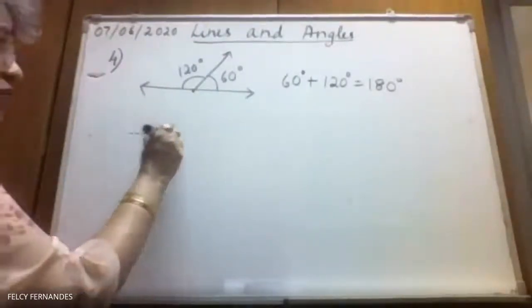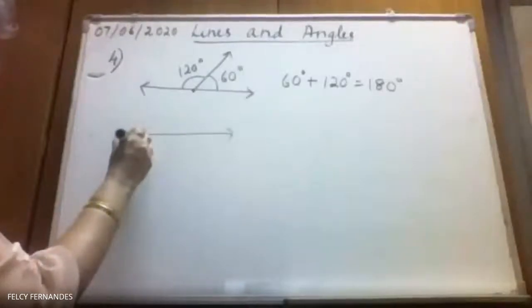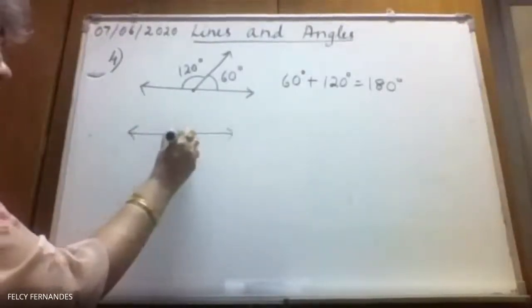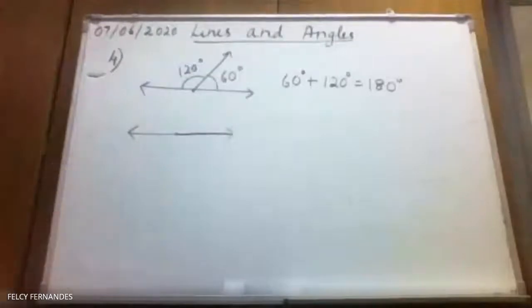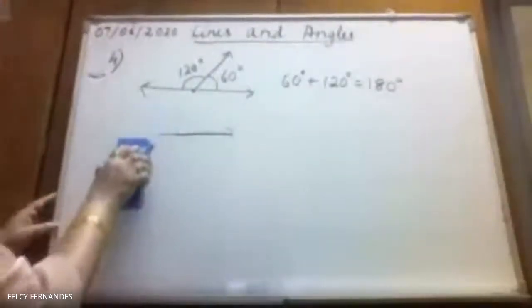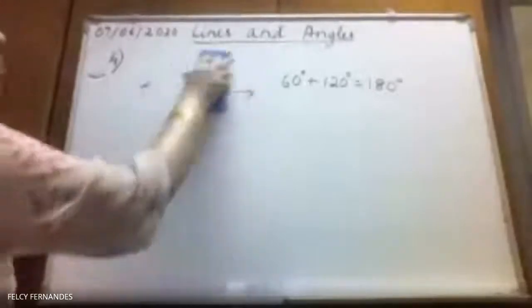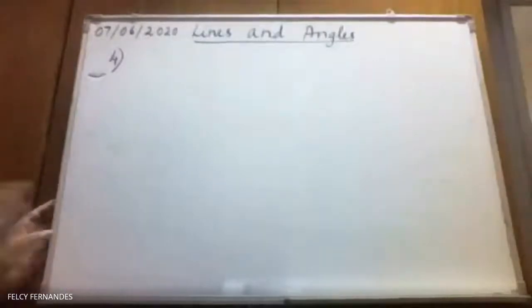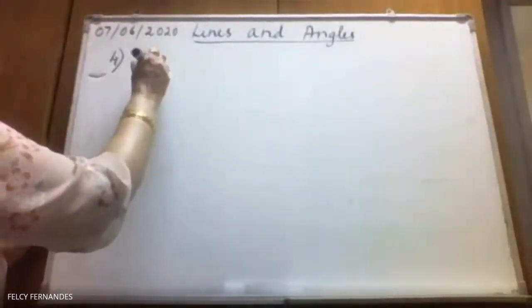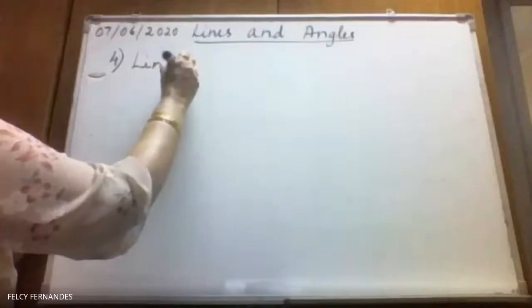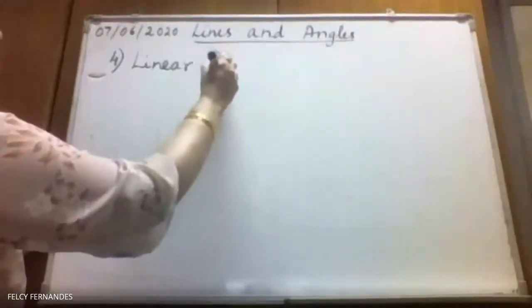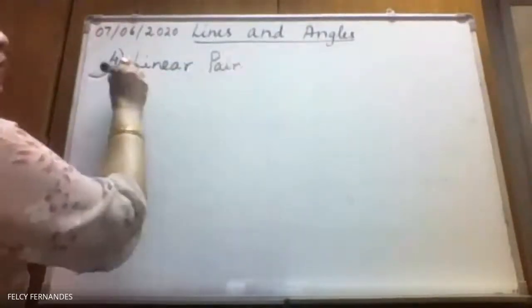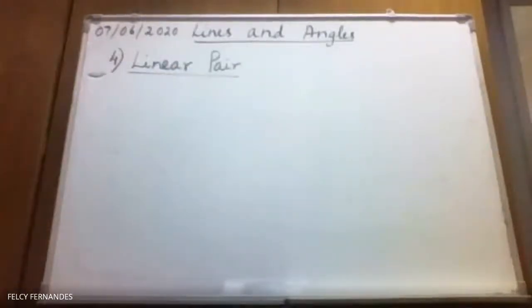That is when they are in a straight line like this, one this side, one this side. Then such a pair of angles is called a linear pair of angles. So now my fourth pair is linear pair. Write down: the fourth pair is called linear pair.